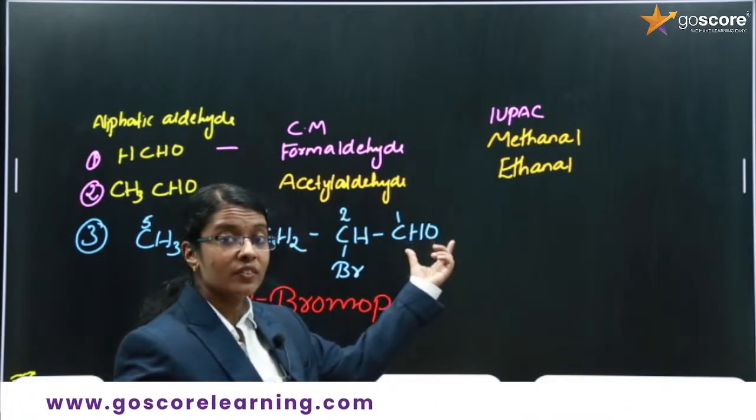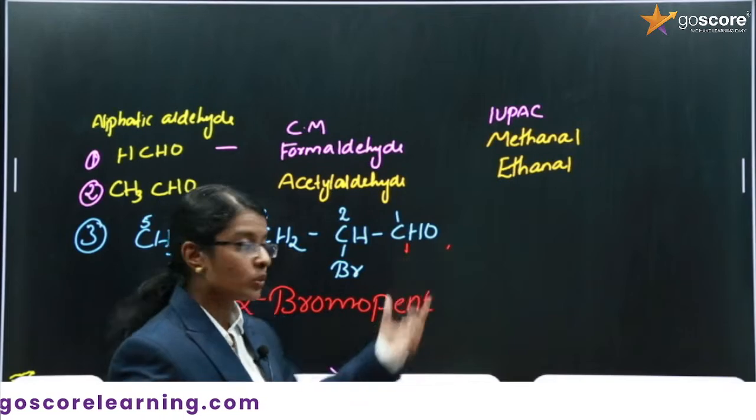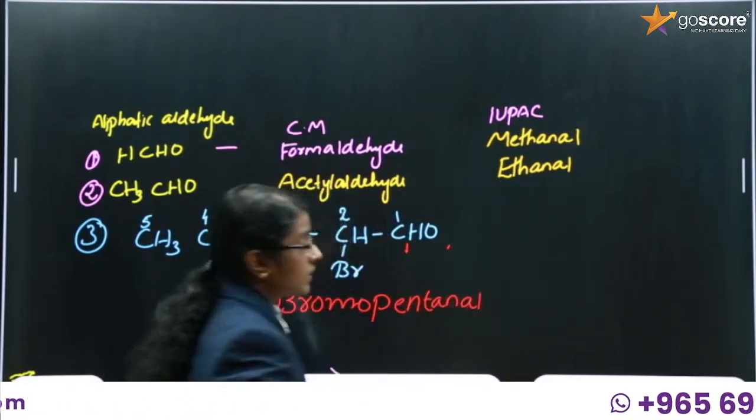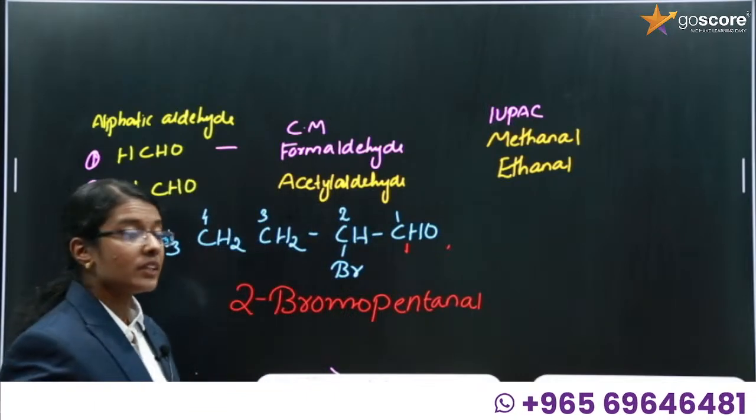If it is an aldehyde, we take it as "al". So it is 2-bromo pentanal. Is that clear for you?